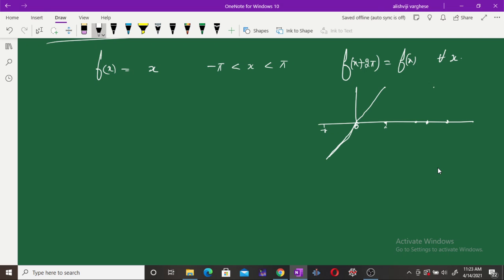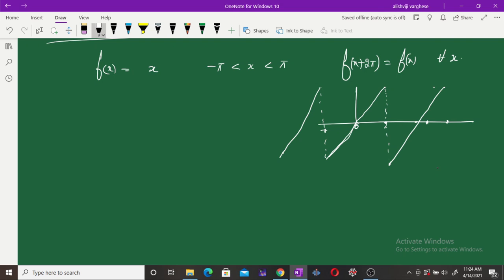Then the value of the function is something like this, and this will continue up to infinity. So we have a discontinuity point here, and here also we have a discontinuity point, and this is the function. In this manner, we can extend the function from minus infinity to plus infinity.